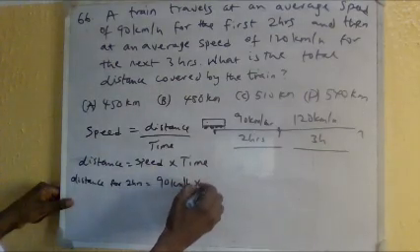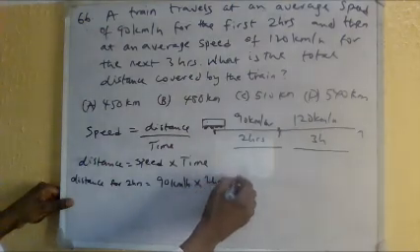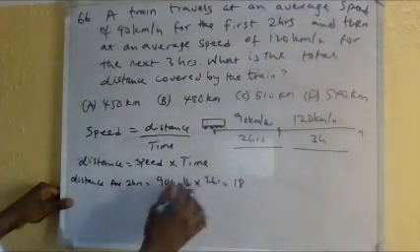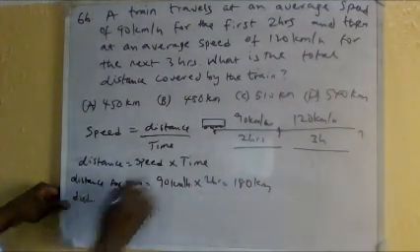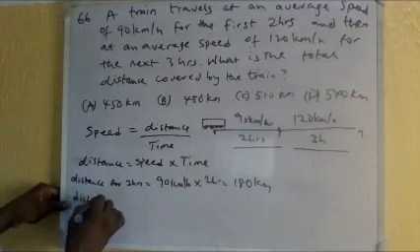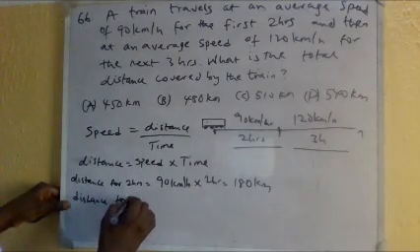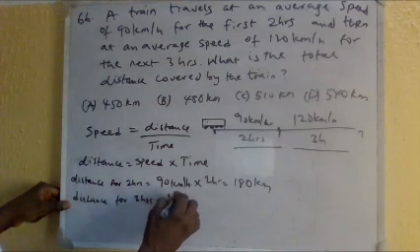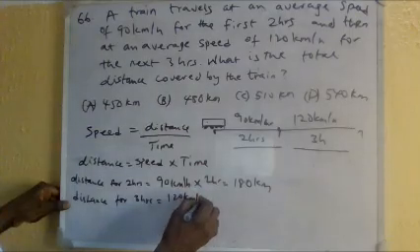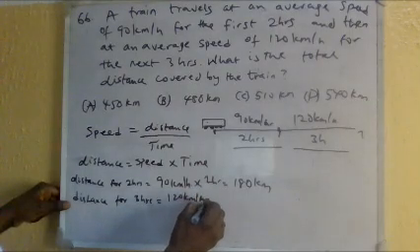So I have it as 180. That's 180 kilometers. So distance for this one, distance for 3 hours is equals to 120 kilometers per hour times 3 hours.